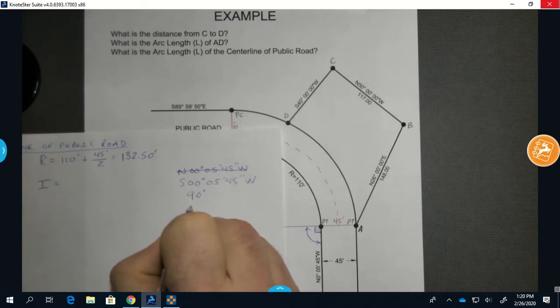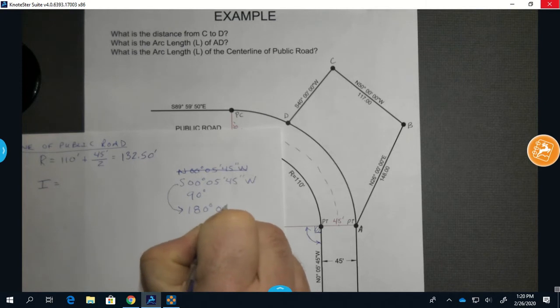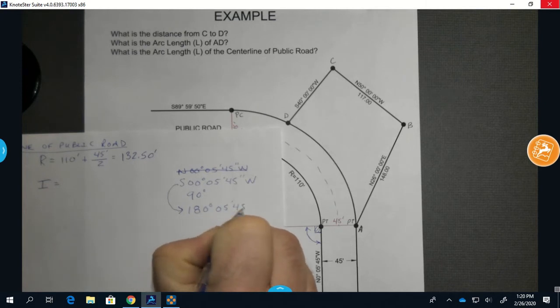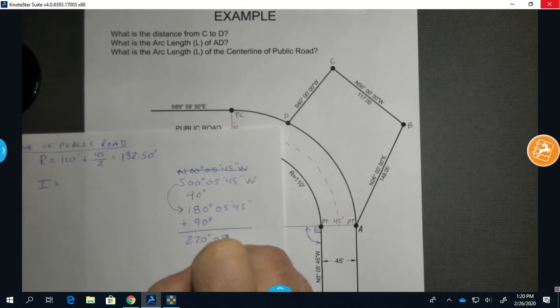All right. But what I'm going to do here is turn this southwest into an azimuth. So it's 180 degrees, 5 minutes, 45 seconds. Now I'm going to add the 90 degrees to it. So I have 270 degrees, 5 minutes, 45 seconds.